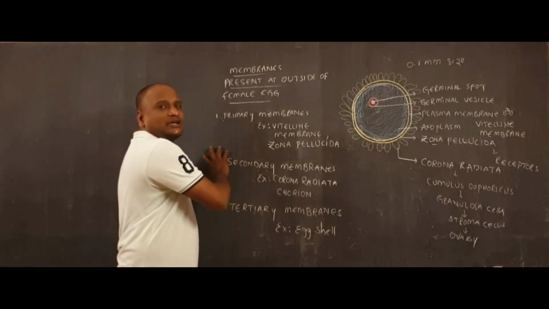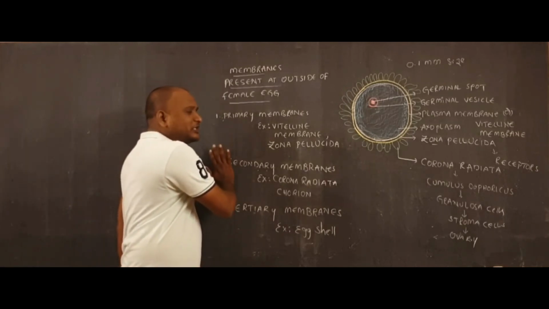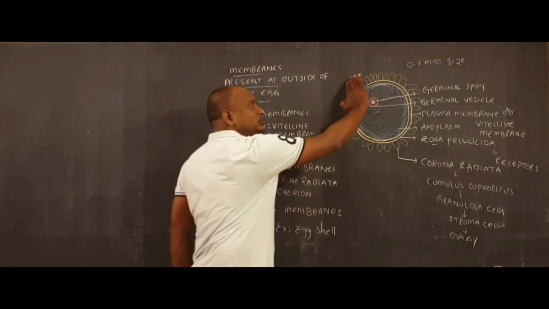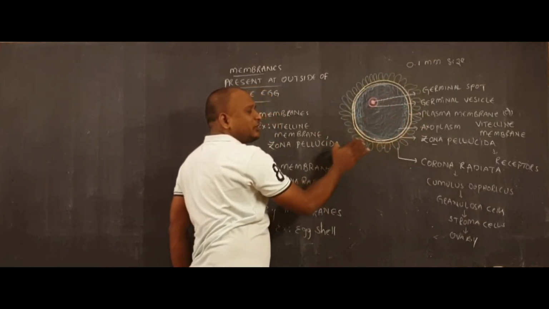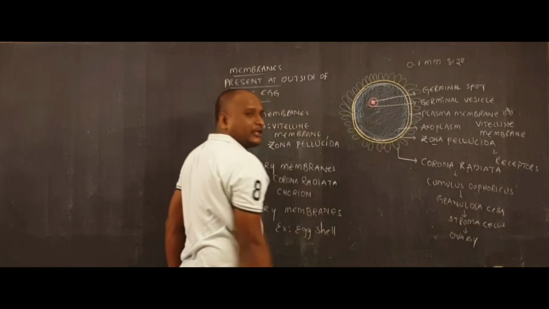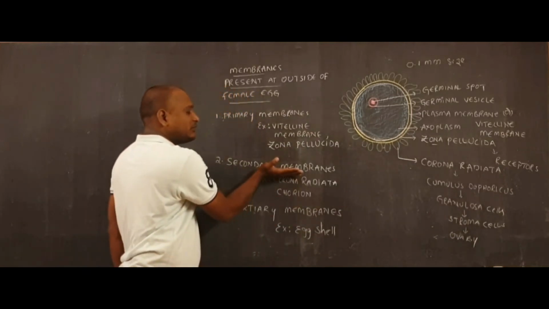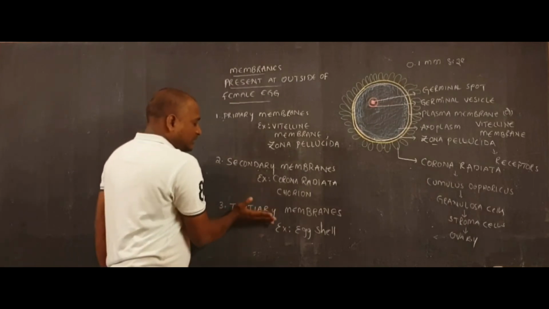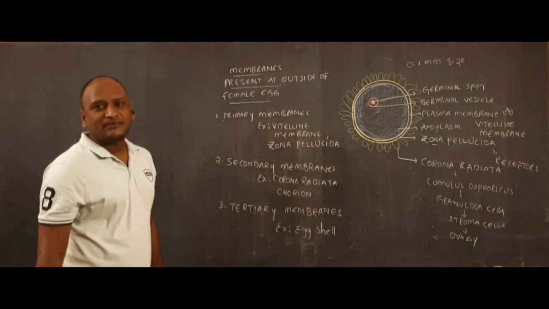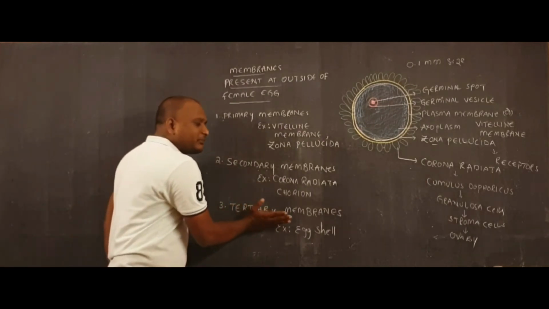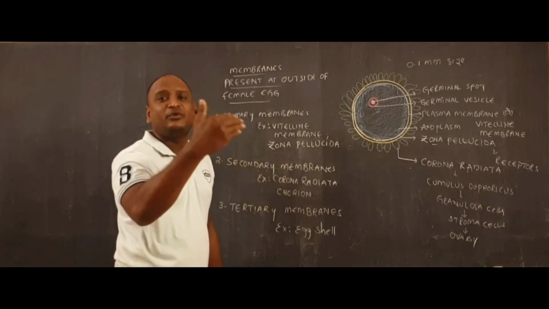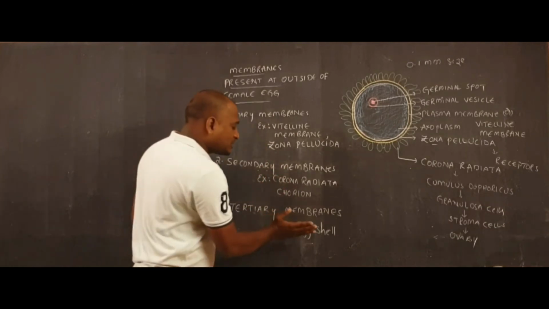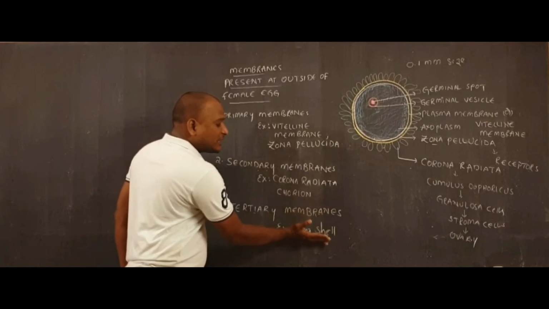Secondary membranes are membranes formed around the egg cell with the help of the ovary. Example, corona radiata and chorion. Tertiary membranes are membranes formed by the help of the oviduct and uterus. Example, eggshell.